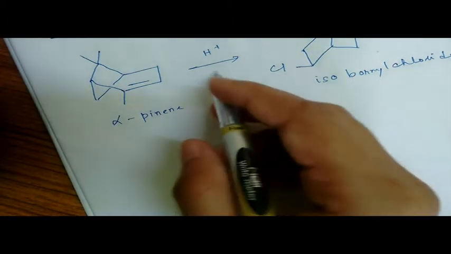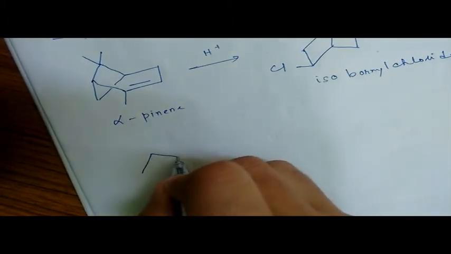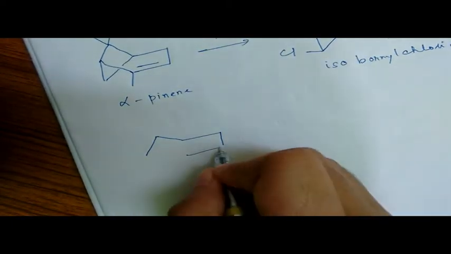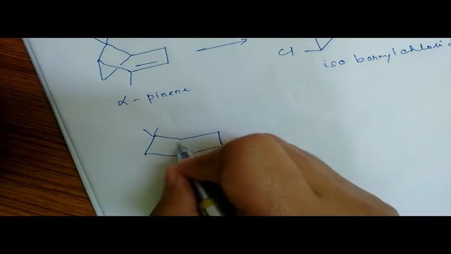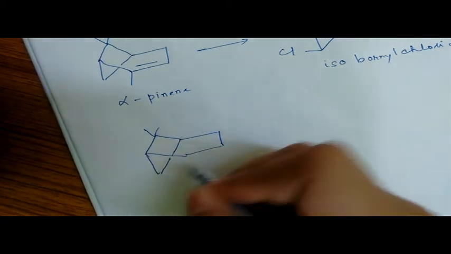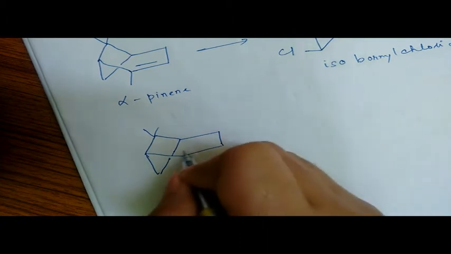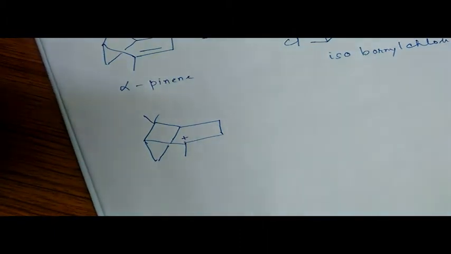What happens when it gets the H plus source? A carbocation is generated in this position. Now what happens?